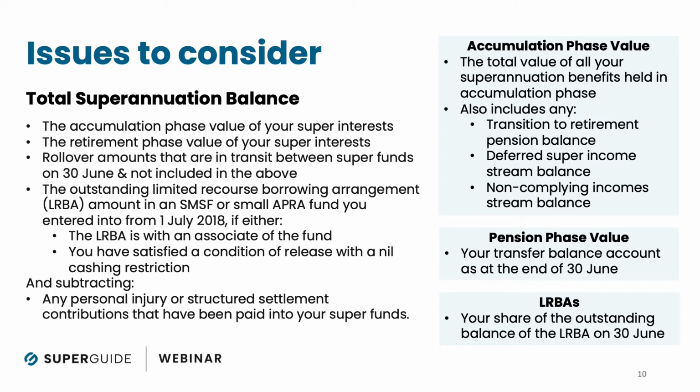So it's all of those things recorded as accumulation phase values, contributions, etc. Then you've got your pension phase value, which is all of your retirement pension balances at 30th of June, and your share of the outstanding LRBA balance on 30th of June. Once you've calculated all those, it gives you your total super balance.